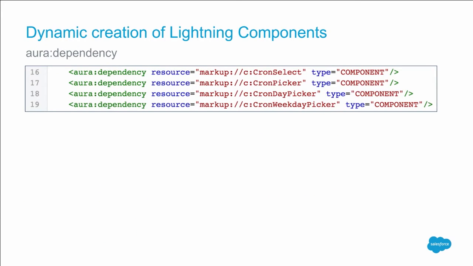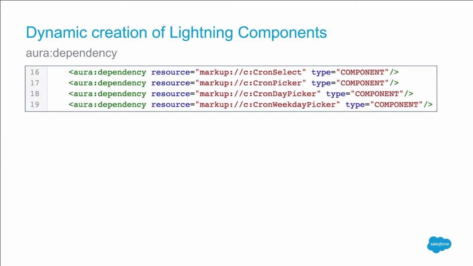Now, there's one thing that you've got to be careful of when you're using dynamic creation of components, and that's that you've got to indicate to the framework those dependencies. It can't look at your code and figure all of those relationships out. So instead, when you define a parent component, you say what the dependencies are.